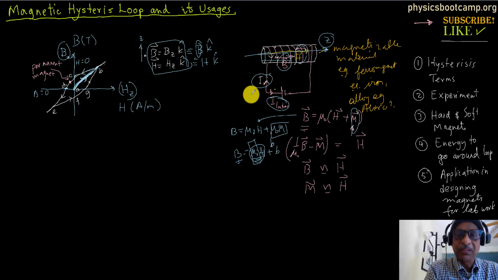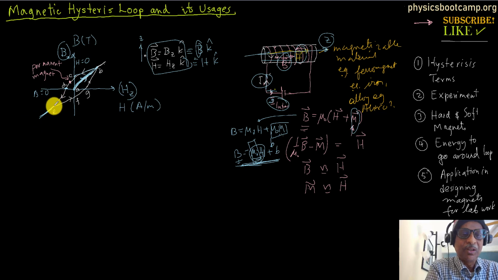So the current is either that way or that way in this experiment, and I reach this, and after that M becomes maximum negative, and from that point onward it's again the same formula. So both B and H are negative, so again minus B equals minus mu naught H minus mu naught M. This is exactly back to the same equation again.